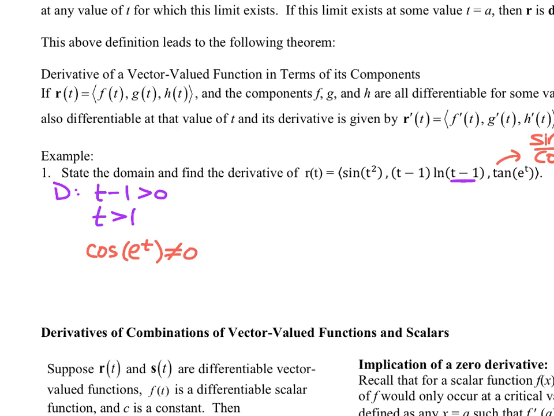One way is to just rely on stuff that we did already, and that is that cosine is only going to be 0 when you're dealing with pi over 2 plus pi k. So what that would mean is that e to the t power cannot be equal to pi over 2 plus pi k.